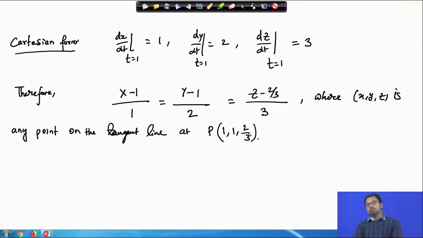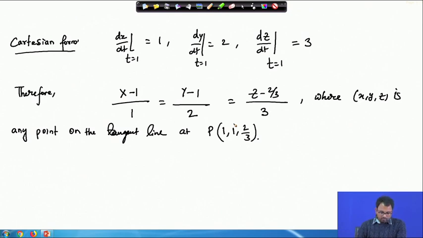So, at t equals 1, the point P is given by (1, 1, 2/3), and x, y, z is any point on the tangent line at this point. So, basically we choose the point as (1, 1, 2/3) and then we substitute for x, y, z here. This is the required equation of the tangent line at the point P, and of course, this is in the Cartesian form. Either you can express it in terms of the vector form or in terms of the Cartesian form, that is up to you.